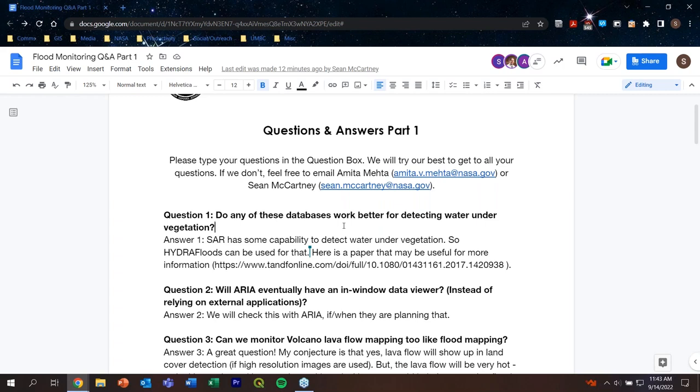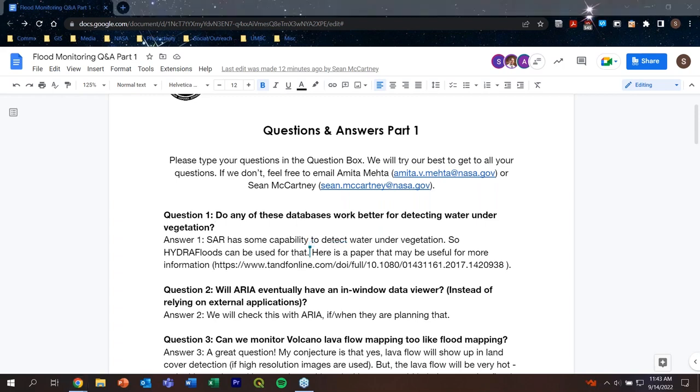And then Caroline presented a case study using Hydrafloods, which is a newer model that provides flood information based on SAR and optical data. We saw a case study for South America. The Hydrafloods code can be downloaded and trained for your own region. There's a little bit of a learning curve, so for this introductory training we have not included that, but this is for your information so that you can get familiar with it.